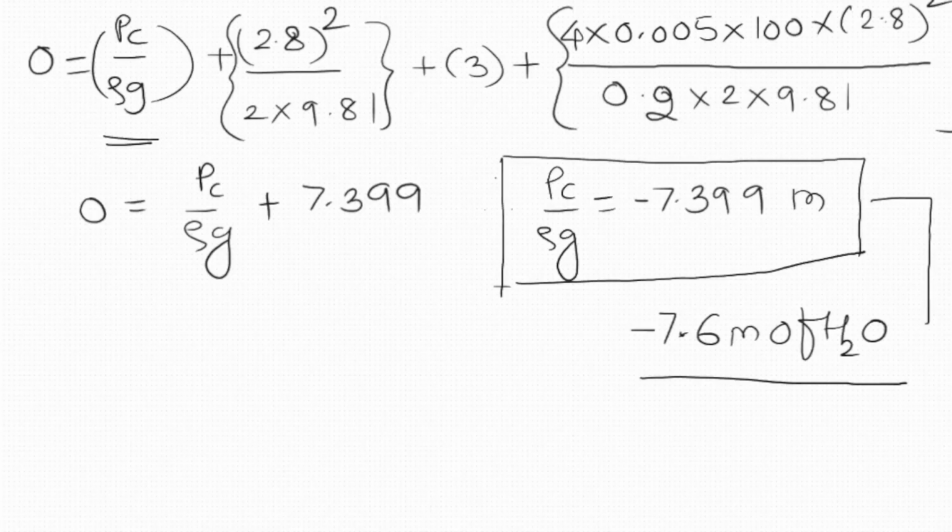And in those cases, the value of the pressure PC by rho G you will get as positive value 2.6, 2.5 something, 2.7, 2.8 like this. So that value will be absolute value we are getting, right?